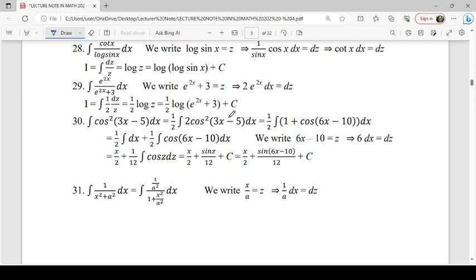If we write this as theta, 2 cos square theta is 1 plus cos 2 theta, and 2 theta means 2 into 3x minus 5, so that is why it is 6x minus 10. Then integration of dx, integration of cos of 6x minus 10, so 6x minus 10 is now written as z, then 6 dx is equal to dz.